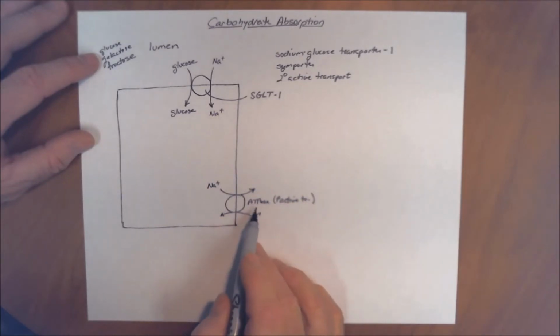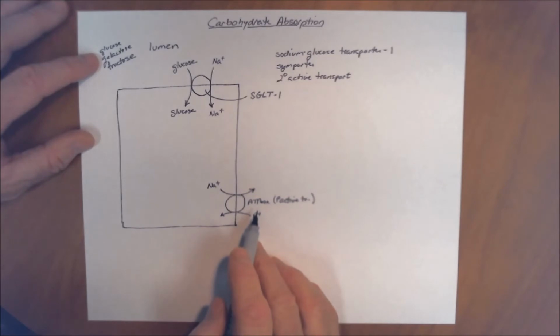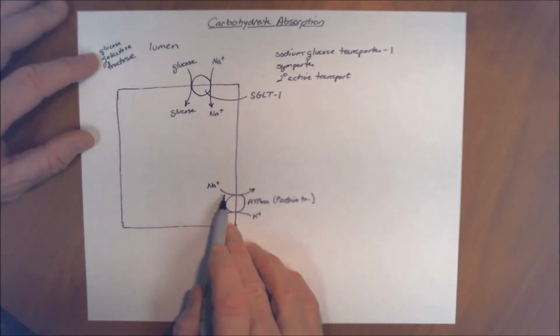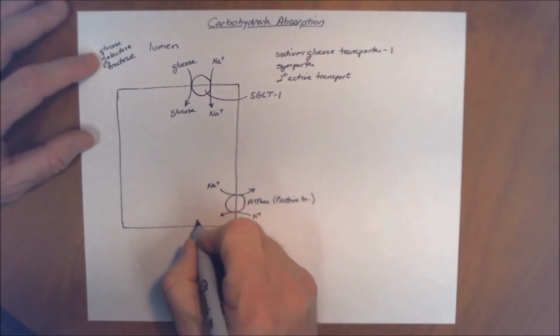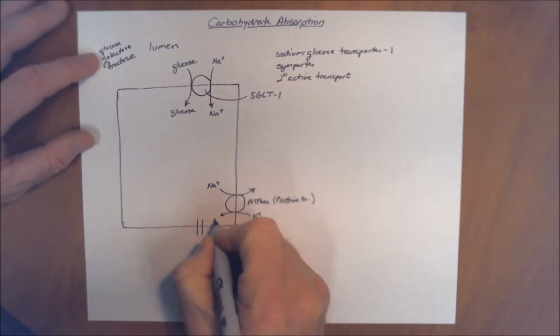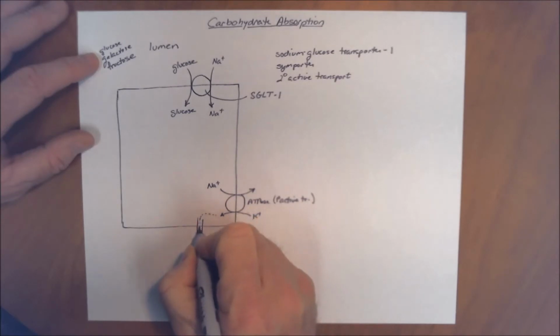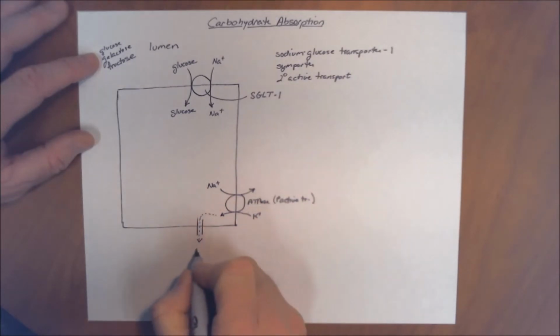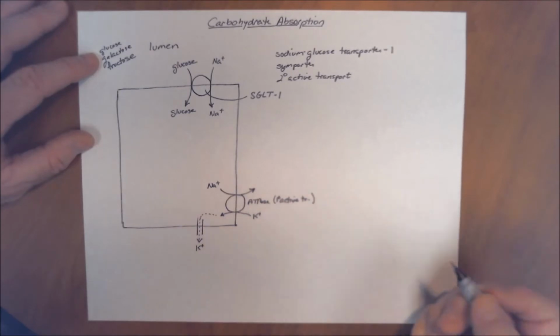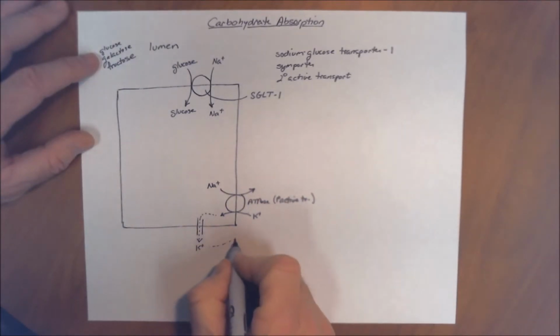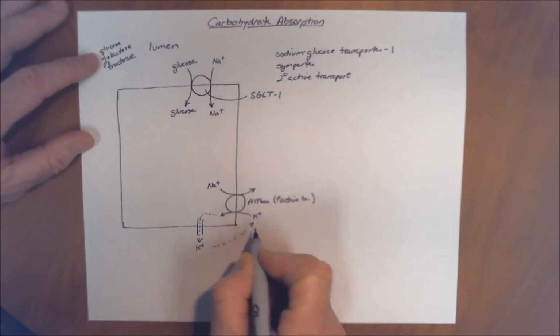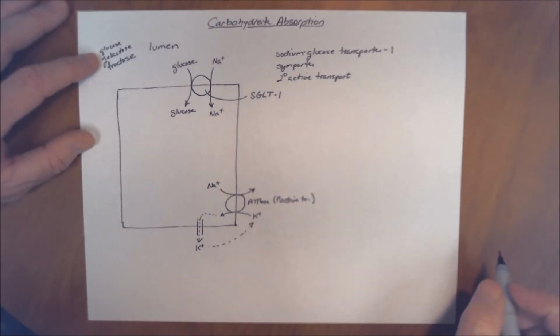So this here is going to hydrolyze ATP, using the energy of ATP to pump sodium outside the cell. Now, of course, we have a potassium channel to allow potassium to be released from the cell so that it can be reutilized in this transport process.